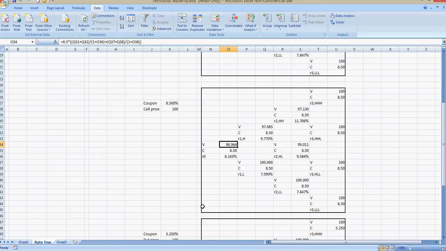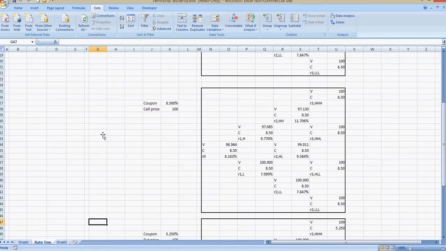In class I said I meant to copy and paste and have the same formula with the min. But it depends. If the bond's callable today, yes, I want to have the function that looks like this. If the bond's callable, I would want to have that min function there. If it's not callable, I don't.